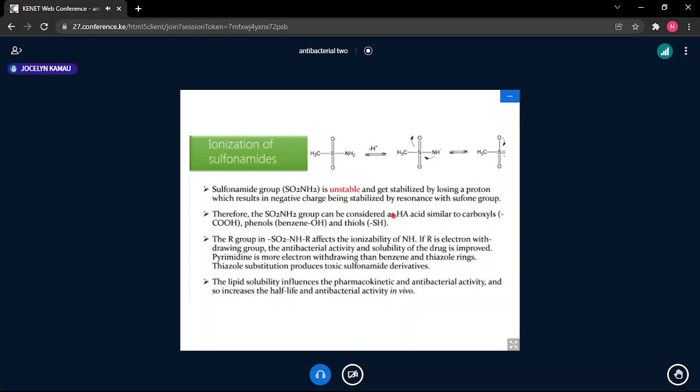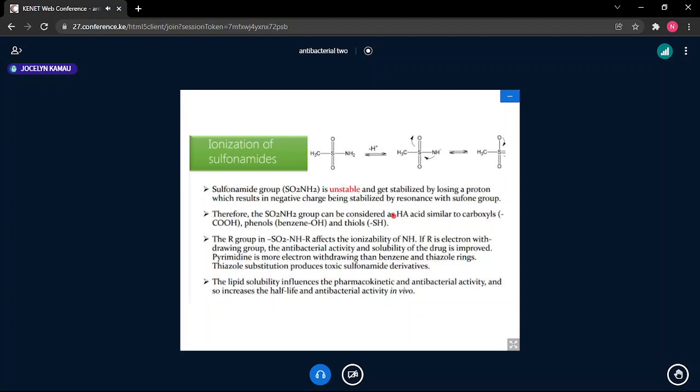So those sulfonamides with low pKa's have much higher stability of their anions than those sulfonamides with high pKa's. So when you synthesize the sulfonamide, you try to synthesize sulfonamides with low pKa's so that they may have high Ka's and therefore will be ionized even in acidic media, which is found in the urine or in the urinary tract.